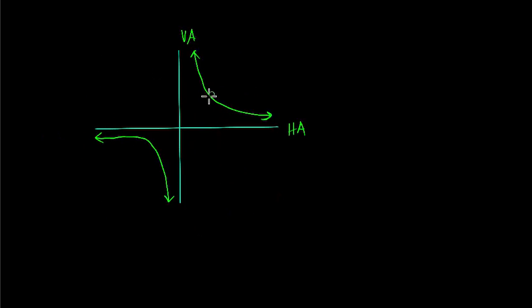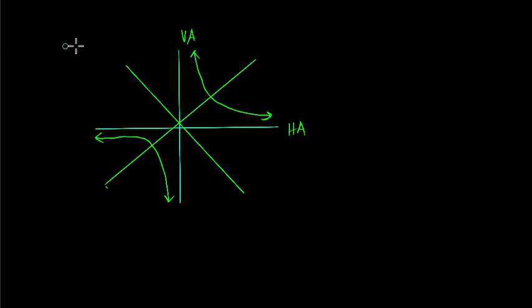Okay, my symmetry axis is the fact that if I were to fold these two along this line, I will fold them on top of each other. Or if I fold them along this line, I will fold them on top of each other.